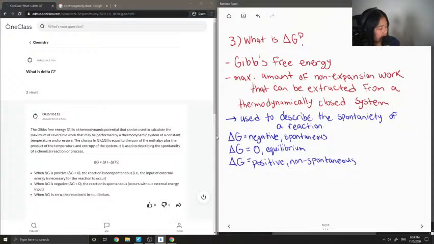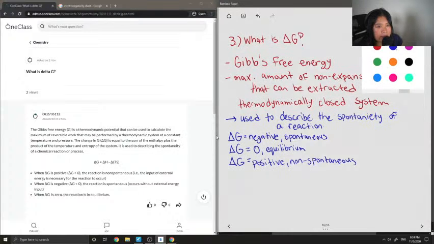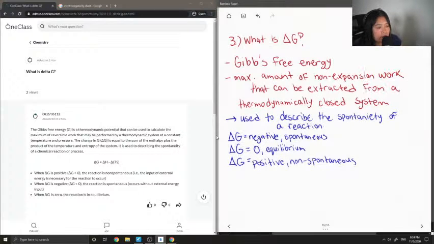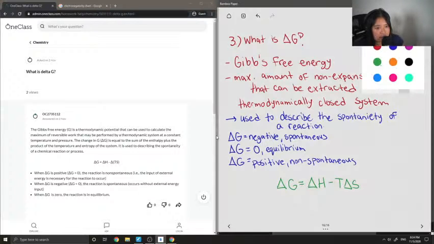Yep, so the way we can calculate delta G is by using the following formula. So delta G is equal to delta H minus T times delta S. So the values here, I will also define.